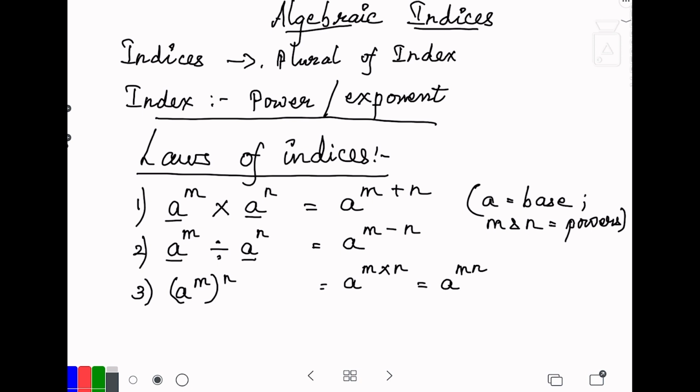So these are the three laws of indices. So in the first video we are going to see, using these three laws of indices, how to solve or how to simplify the problems based on it. Let's see some example problems based on this.